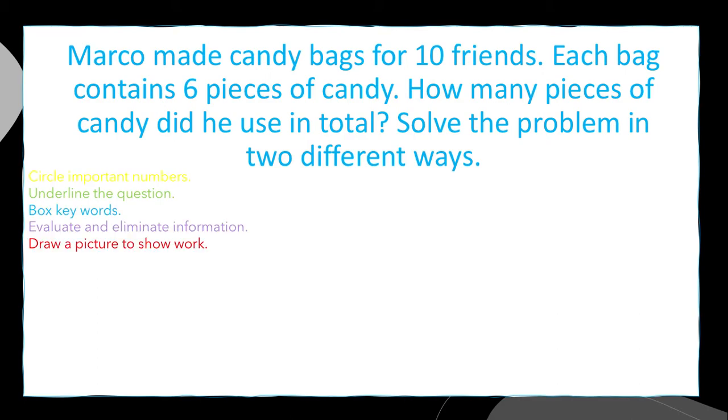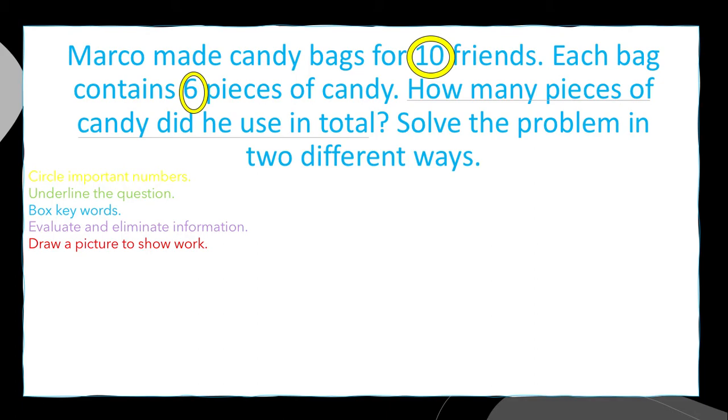So the first thing we need to do with our cube model is circle the important numbers. We have 10 friends. Each friend gets 6 pieces of candy. So our factors we are using in this problem are 10 and 6. Our question that is being asked is how many pieces of candy did he use in total?